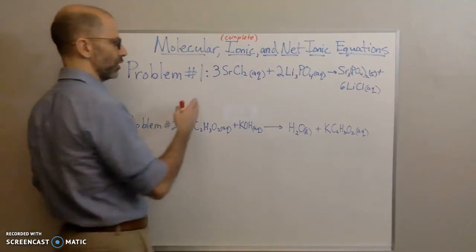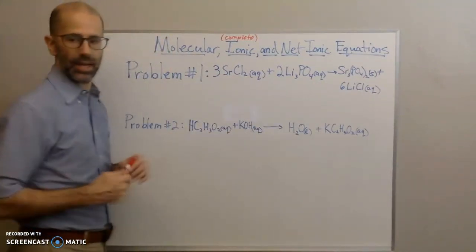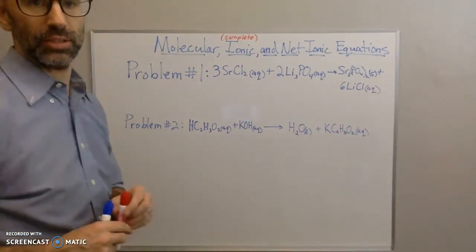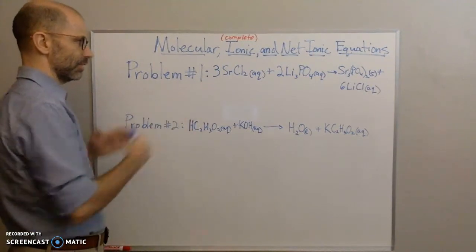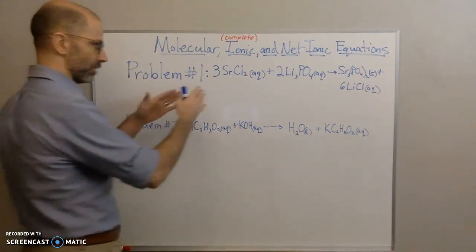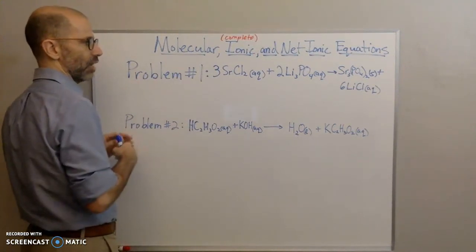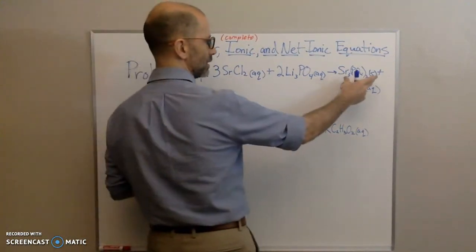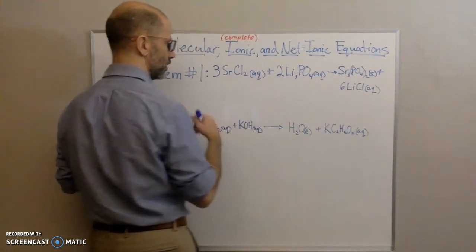With problem number 1, they give you everything. To get the complete ionic equation, you are simply going to separate the substances into their separate ions, except for the solid. The solid is going to stay together, but anything that's aqueous, you're going to separate.